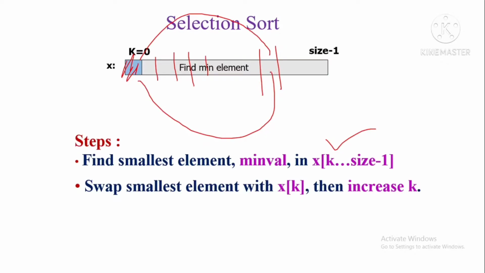The minimal element you have to store here, and thus this element will be stored on this position. Then you increase this k value, and again find the minimal element, and that should be swapped with this element. So this is a very simple algorithm.